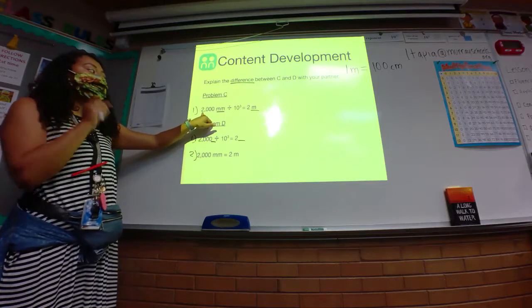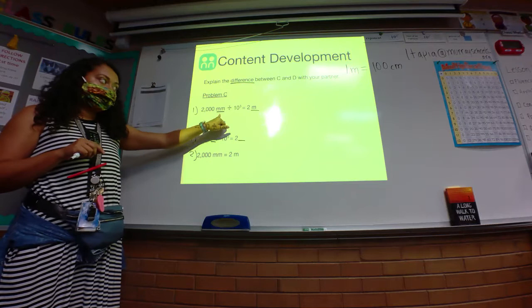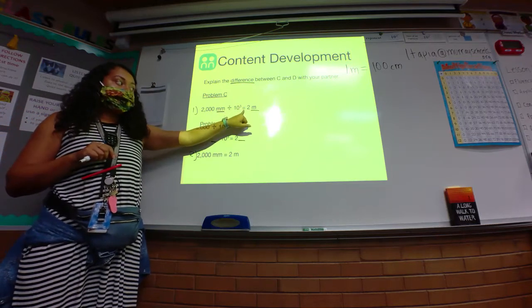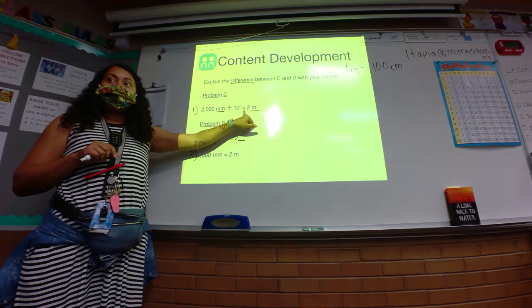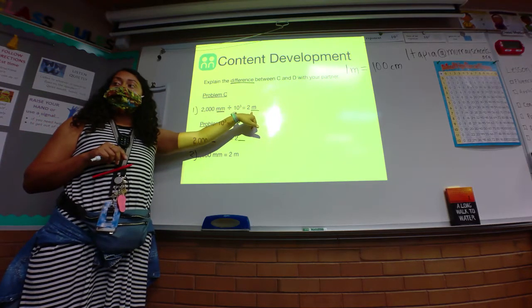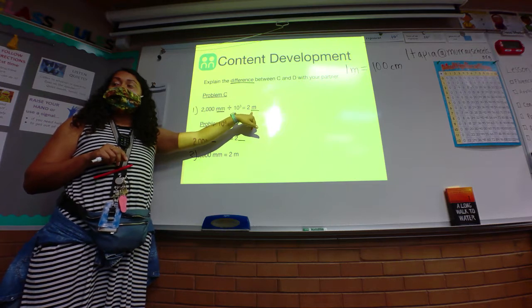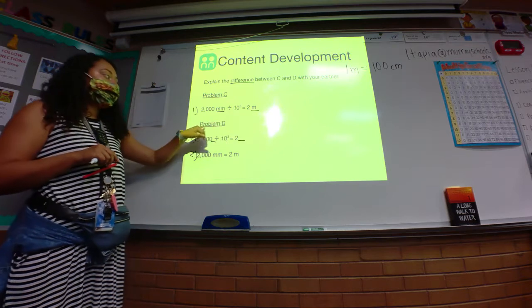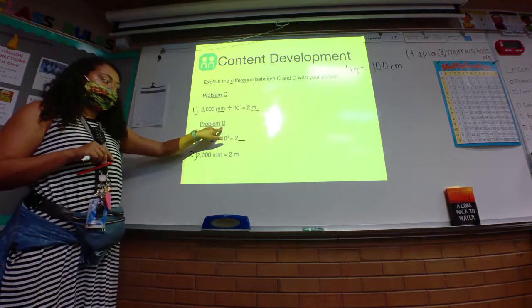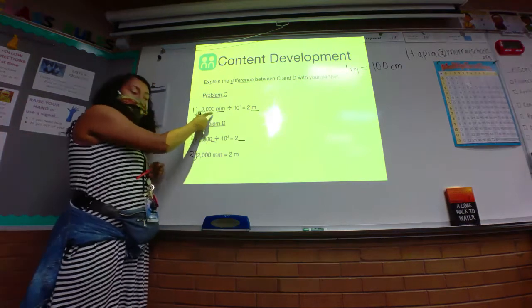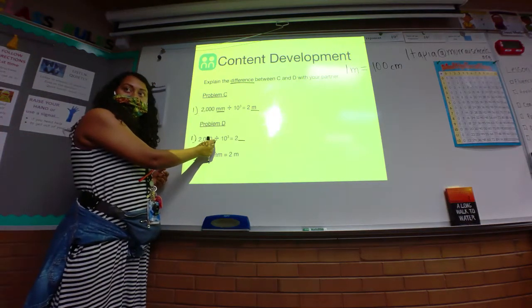So the equation was 2,000 millimeters divided by 10 to the power of 3, which equals 2 meters, okay? Thank you. So then problem D, they did just the digits. They didn't do the unit yet.